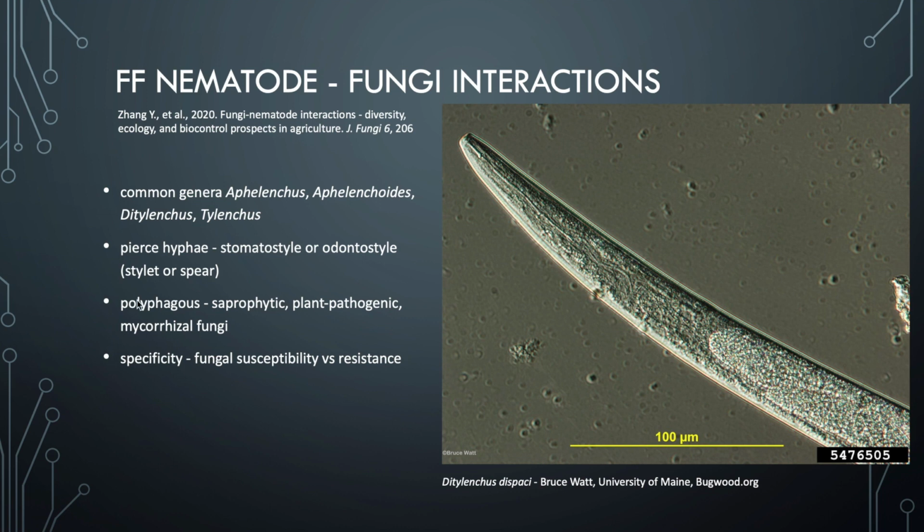Some of them are quite specific in terms of their food preferences, and this depends on fungal susceptibility versus the resistance that some fungi possess in order to prevent being predated by fungal feeding nematodes. In the image on the right, we have an example of Ditylenchus species showing its fungal feeding mouthpart.